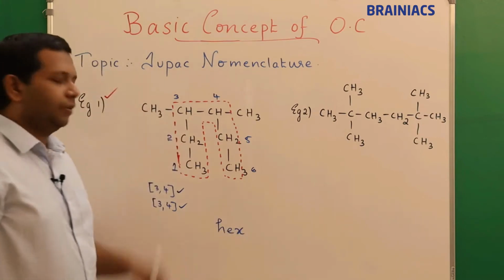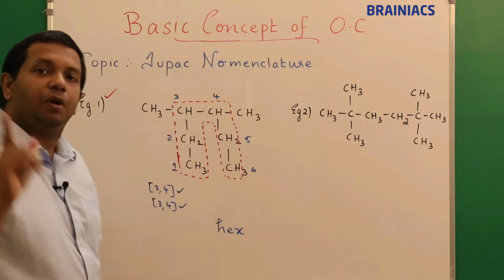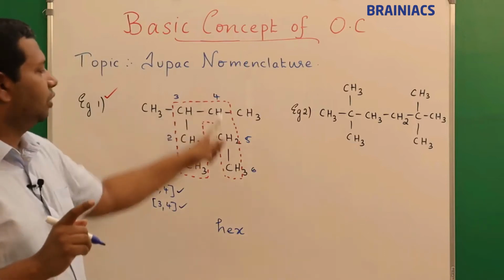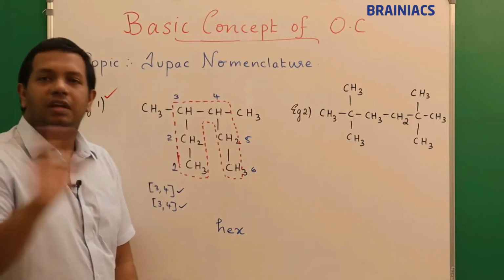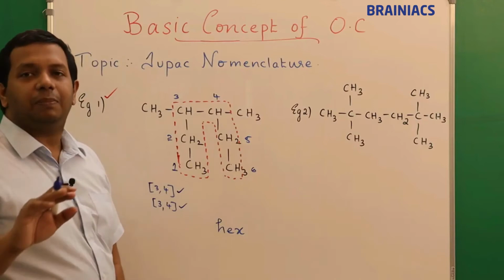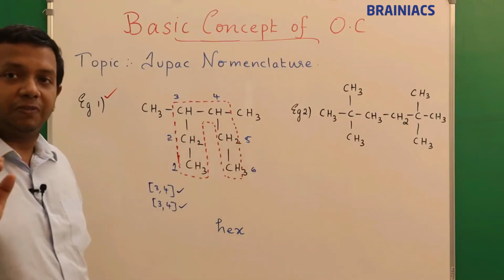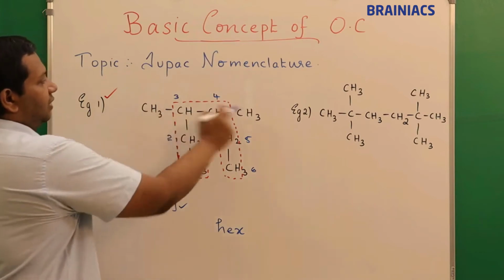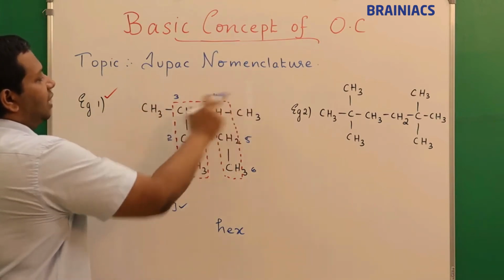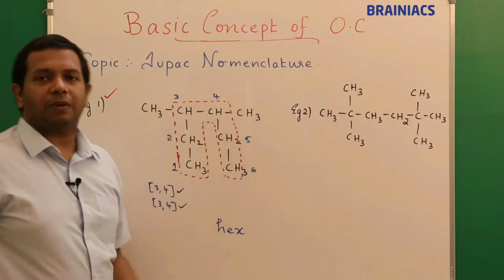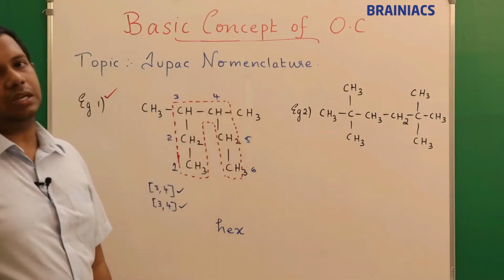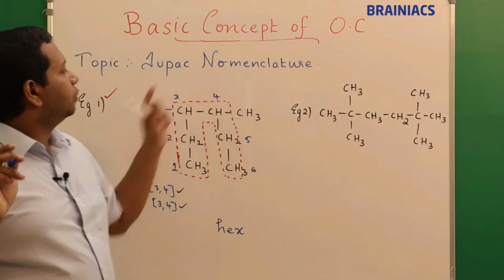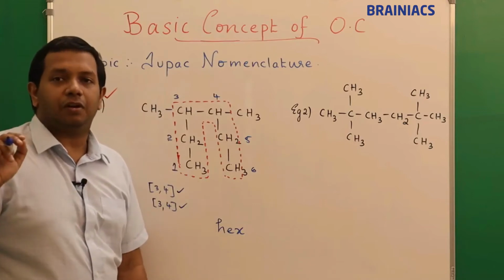Now I will go to prefix. Primary prefix is applicable only for cyclo compounds, and it is not a cyclo compound, so there is no primary prefix. Then what is applicable? Secondary prefix, which stands for substituents. Here methyl is present at 3 and 4. Since two methyls are present, I will say dimethyl.